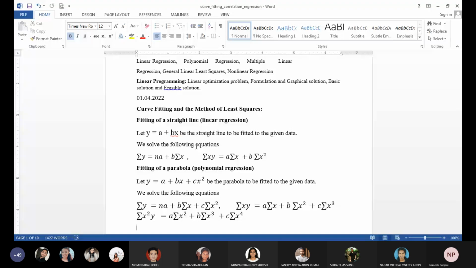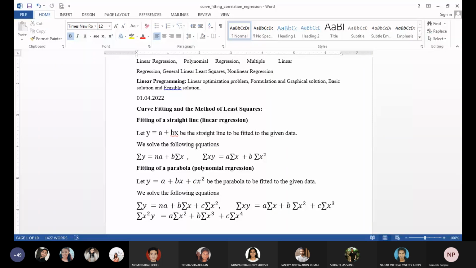So any second order polynomial will graphically represent the parabola. So a general second order polynomial is of the form y equals a plus bx plus cx square. This is the general parabola which we have.